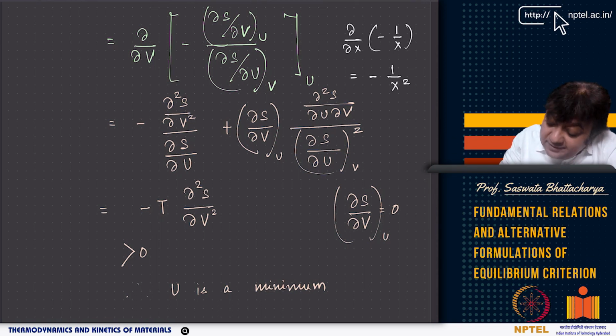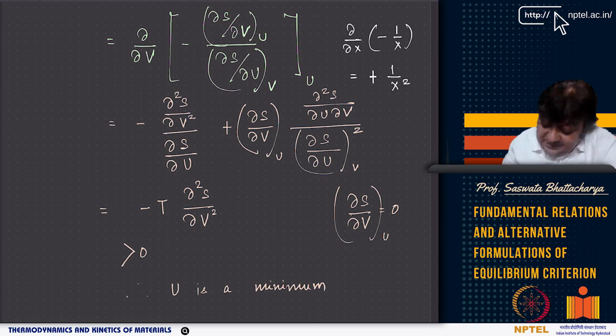Now if I put a minus sign here, then there is a minus sign already from the derivative, so minus and minus becomes plus. So it is (∂S/∂U) squared, and above it is ∂²S/∂U∂V, right, ∂²S/∂U∂V.